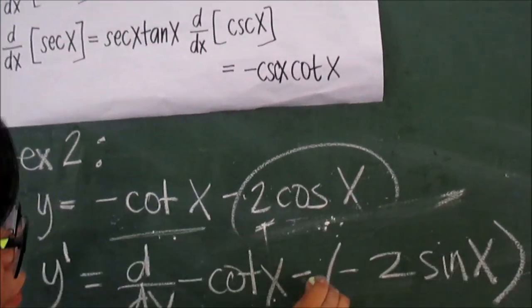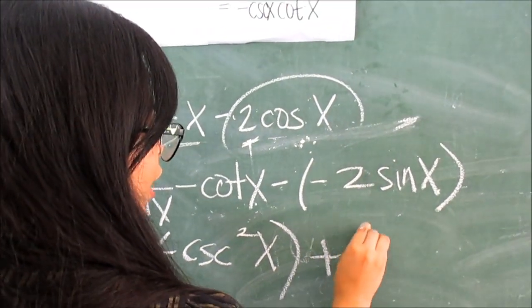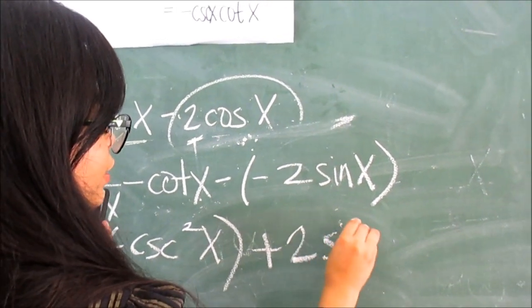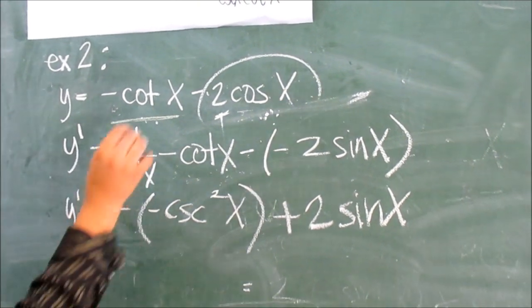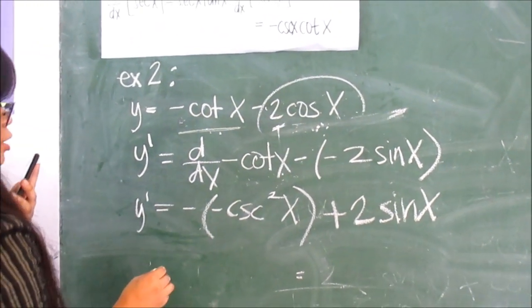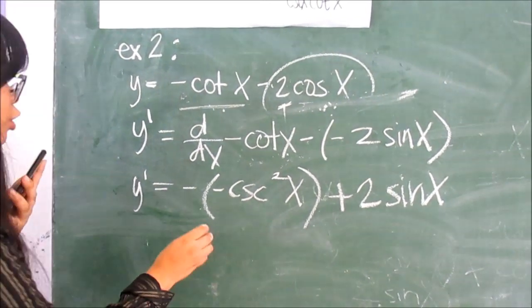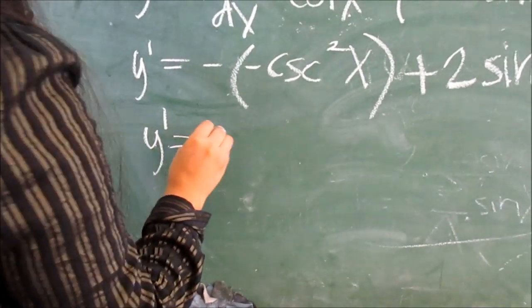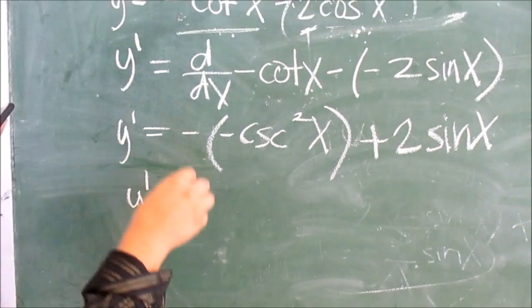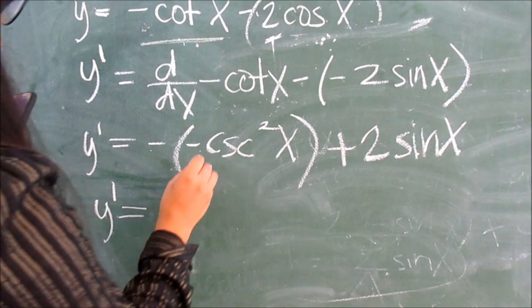Sunod, negative times negative is equals to positive. And then just copy it, we have 2 sine of x. Sunod, negative times negative is equals to positive.